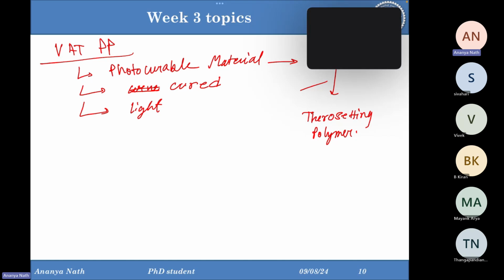So we use resin, which is a thermosetting polymer. I said different types of resins are used. So can you tell me what is different types of resins? What do you mean by different types of resins?